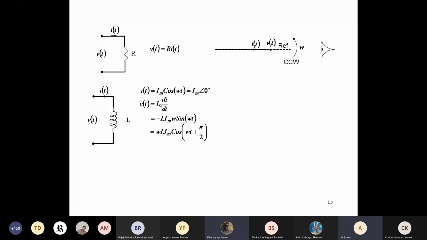So you see, your VT has a magnitude omega L Im. Whatever the current magnitude Im was, your VT magnitude is Im multiplied by omega and L. And you see the phase: if you write it in magnitude and phase form, the phase is pi by 2, because omega is the same for both.